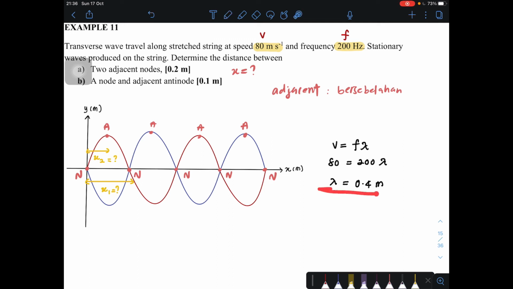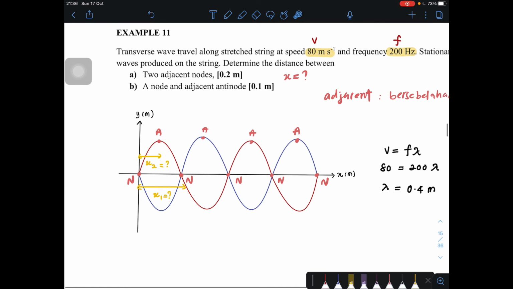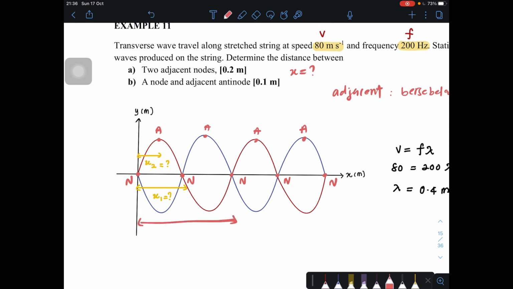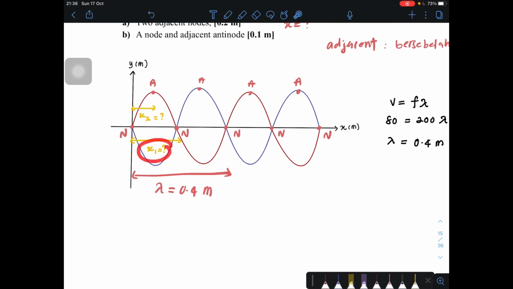Dan kita tahu lambda adalah one complete cycle. So from here to here is one complete cycle, which is the value for lambda, which is 0.4 meter.